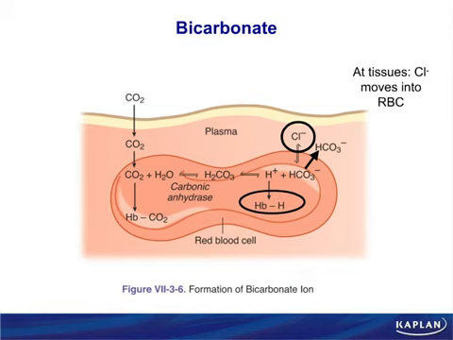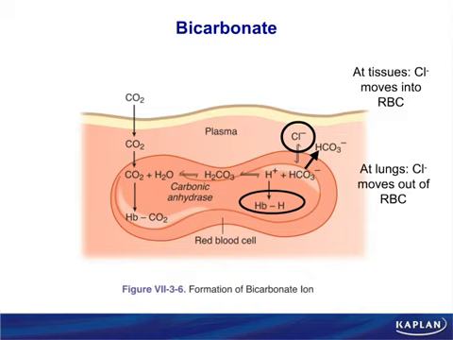Now if you think about it, what's going to happen at the lungs? We're just going to reverse everything. CO2 is going to move out of the plasma and go into the alveolus. So we're going to take this chemical reaction and drive it back to the left. And we'll keep driving it to the left because the CO2 will leave the red blood cell, go to the plasma, go to the alveolus.